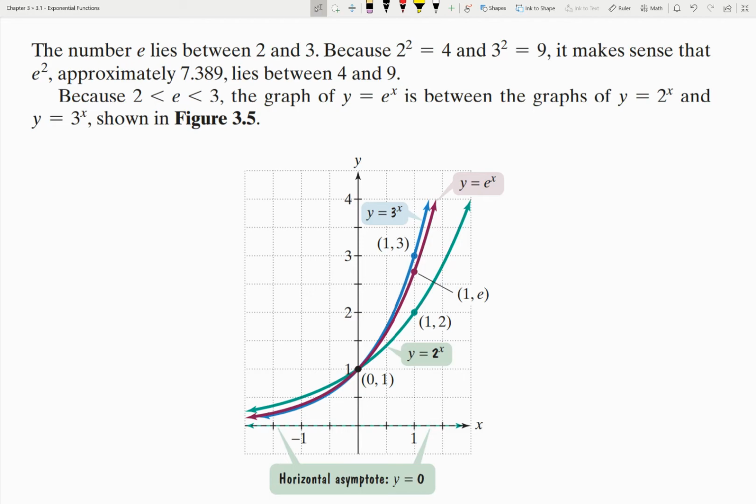Because 2 squared is 4 and 3 squared is 9, it makes sense that 7.39 is e squared. And because e is between 2 and 3, the graph of e to the x power is going to be sort of this red one that's between 2 to the x power and 3 to the x power. Still going to have a horizontal asymptote. It's still going to be steeper than 2 to the x, but not as steep as 3 to the x.